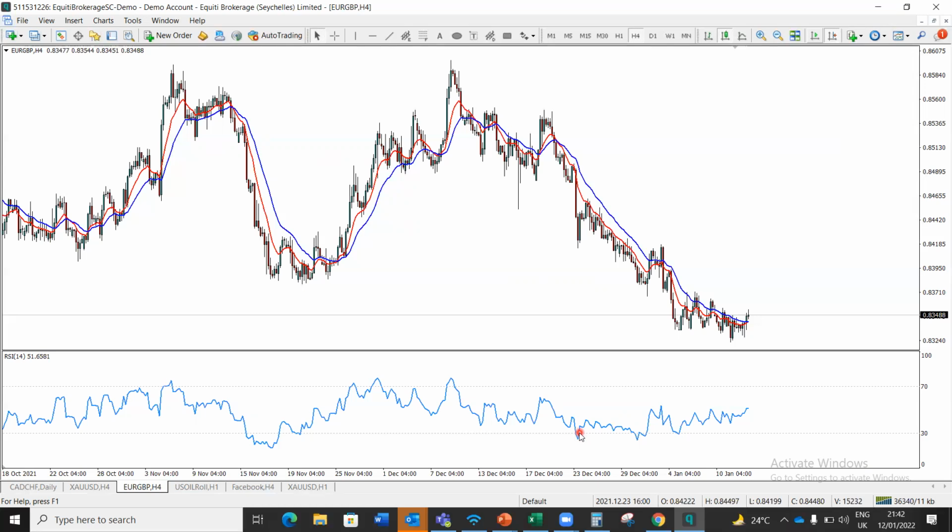So we can use that to identify a reversal or a corrective move to the upside. And if the price gets to 70, it simply means that the price of that asset is overpriced or overbought. So what happens is that sellers will come into the market and try to push prices a little lower. So it could be a reversal or it could also be a corrective move.